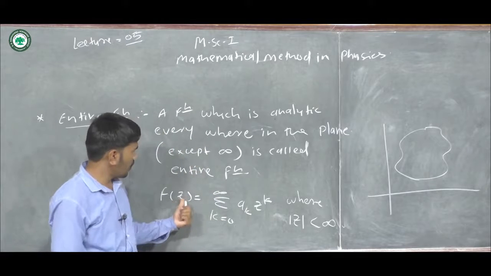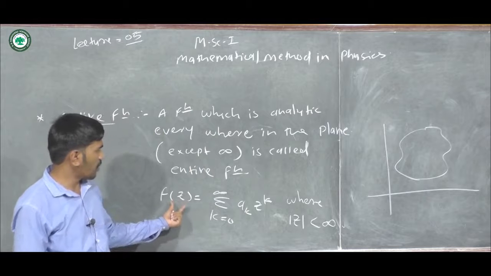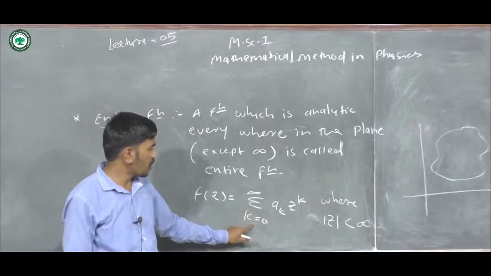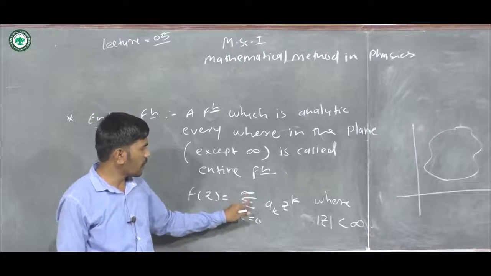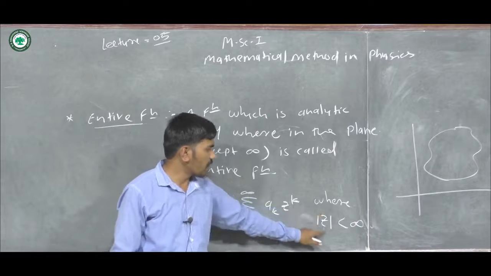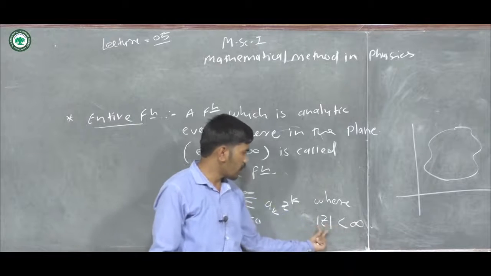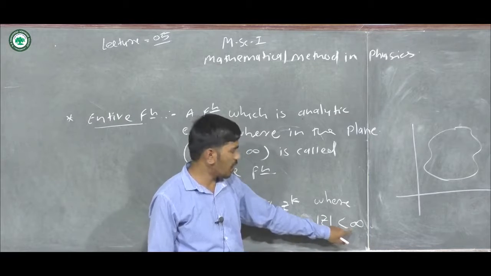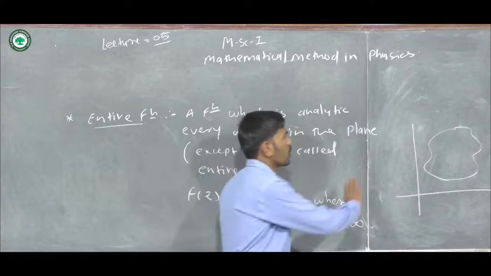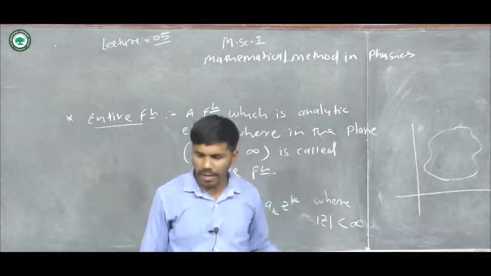If we write it in mathematical terms, f of z is equal to the summation over k from 0 to infinity of a_k times z to the power k, where mod z is less than infinity. This is the condition; it means it is not analytic at the point at infinity.